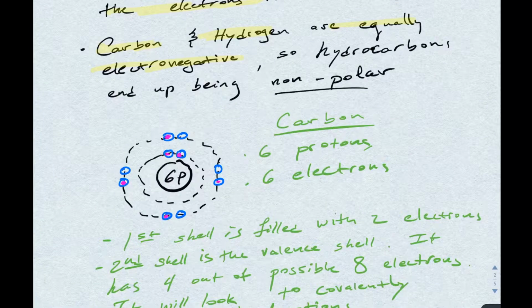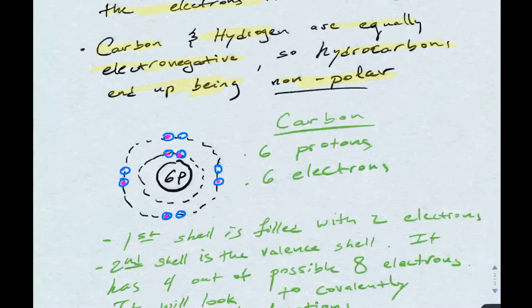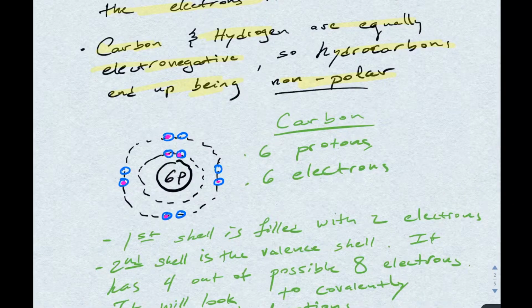The electrons will stay about in the middle of distance between the two atoms. Because of this, hydrocarbons end up being nonpolar. They don't have a polarity that forms of an imbalance of electrons giving an off-balance charge to one atom versus another atom in a covalent bond. We're going to see more of what this looks like further down.